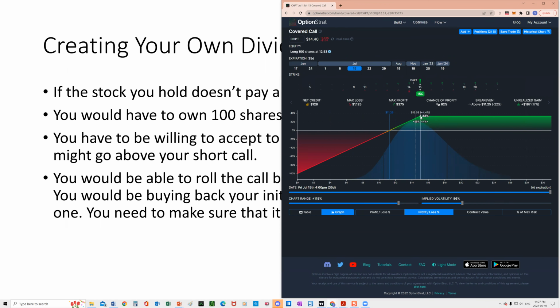And so when you're selling this call, you've now taken on the risk that it gets exercised. If your cost was less than $15 a share, it doesn't matter because you're keeping the premium.